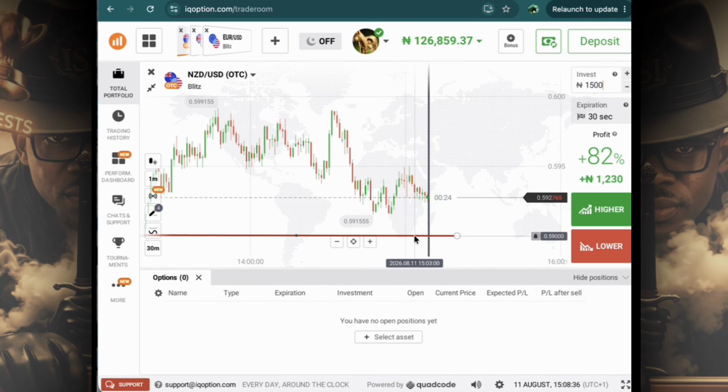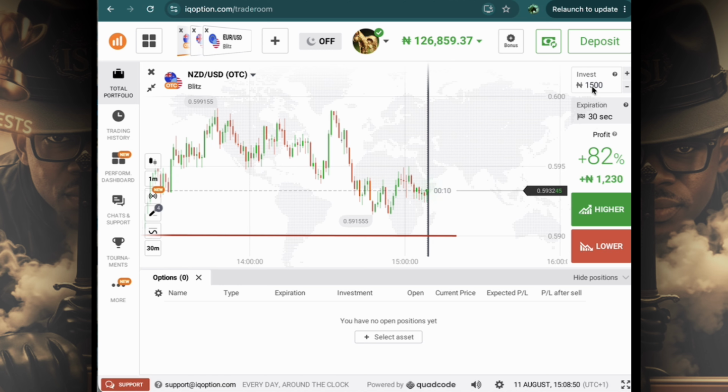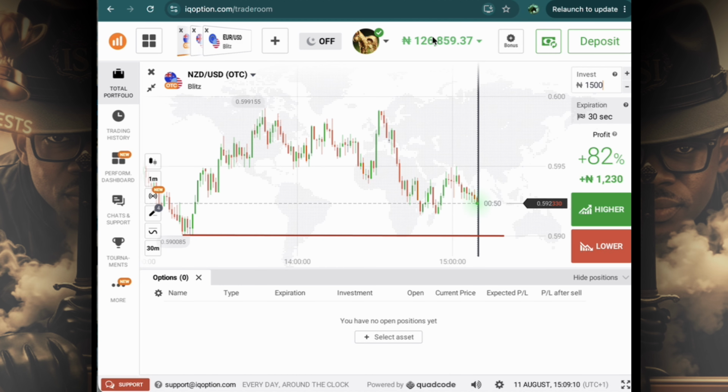We'll divide it by 10, because statistics have shown that 8 out of 10 times this strategy works. So we're going to look for this entry 10 different times, in 10 different places in one day. We expect that we are going to get 8 correct out of 10. 63,000 divided by 10 is 6,300 naira.